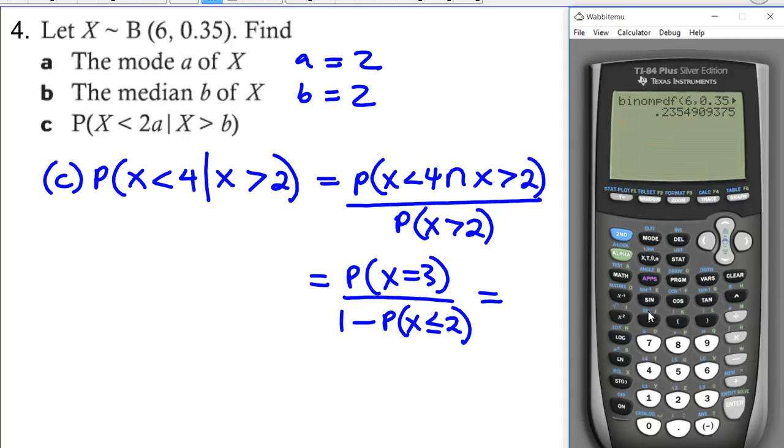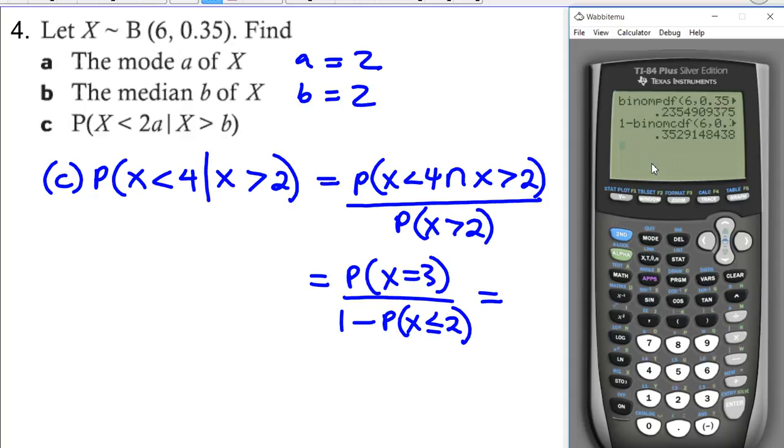You'll get that value, and then in the denominator we have 1 minus that's a cumulative probability, remember. Number of trials is 6, success is 0.35, and 2. All right, so it's 0.2355 divided by 0.3529.